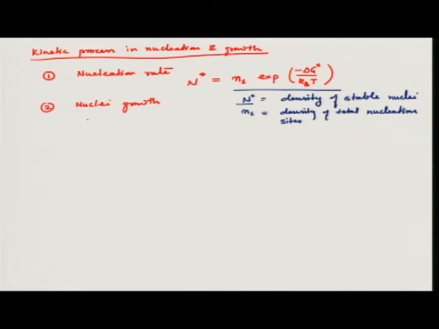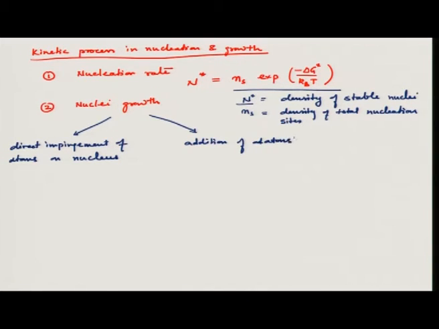Now, the growth of these nuclei will happen in two ways. One is direct impingement of atoms on nucleus, and second is addition of adatoms to a nucleus.